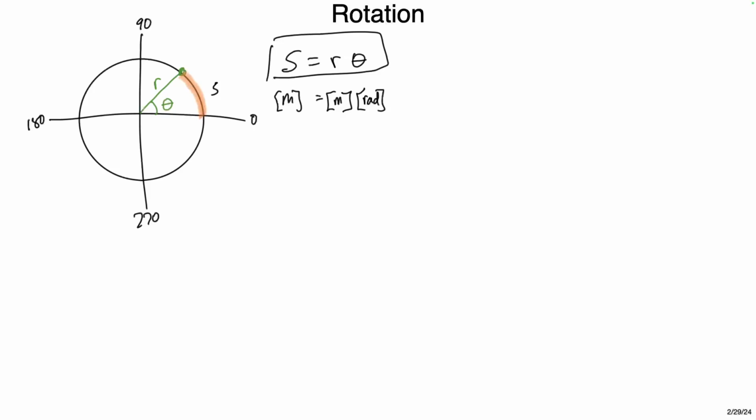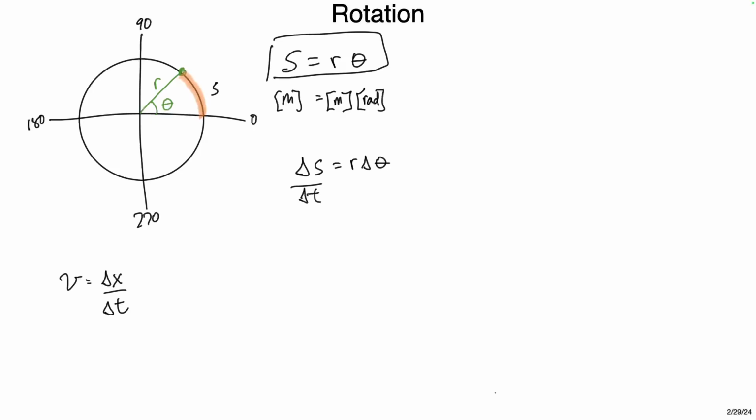Back in the day, when we were talking about velocity, we said it was a change in position, a change in x or y or whatever, in time. What we have now is a change in arc length, right? And so we know it's not the radius that's changing, it's the theta.